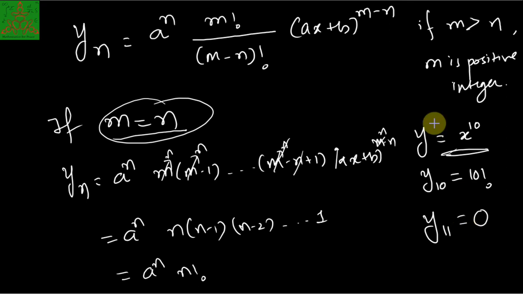So ultimately, if your m is a positive integer, if m is bigger than n, then the derivative is this. If it is equal to n, then the derivative is this. And if m is smaller than the number of derivatives, then the derivative is 0.